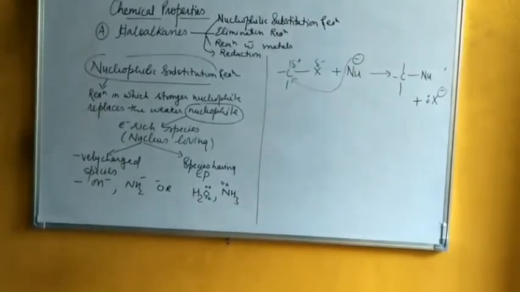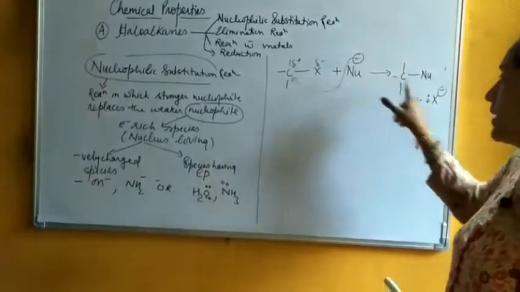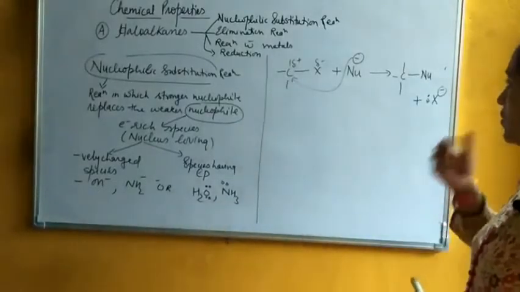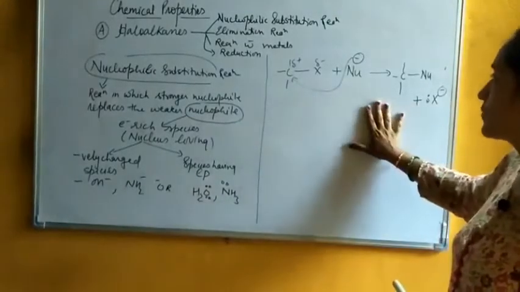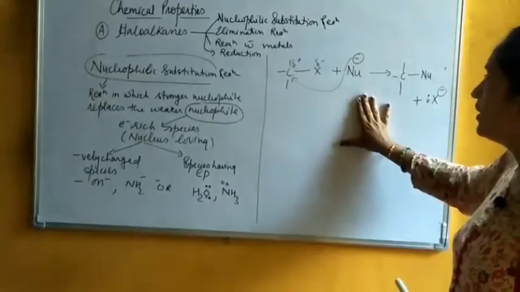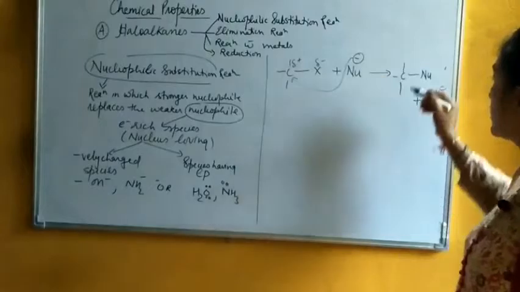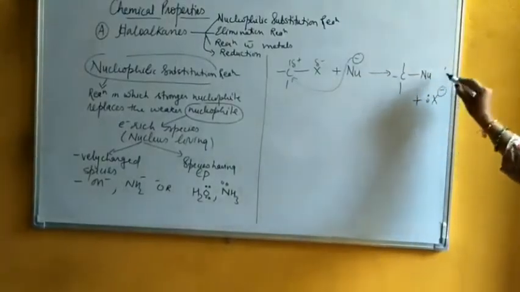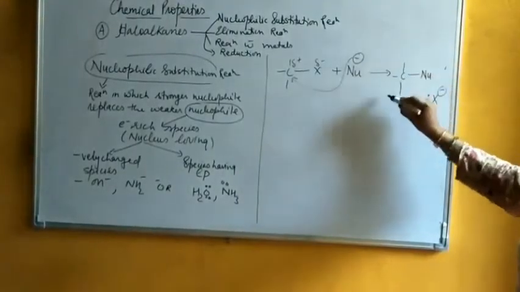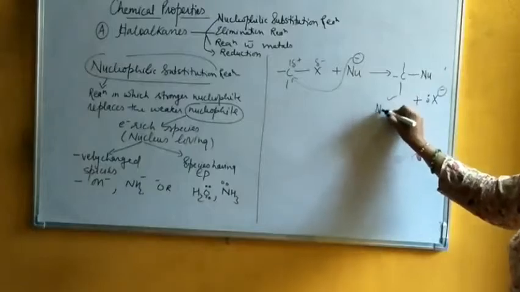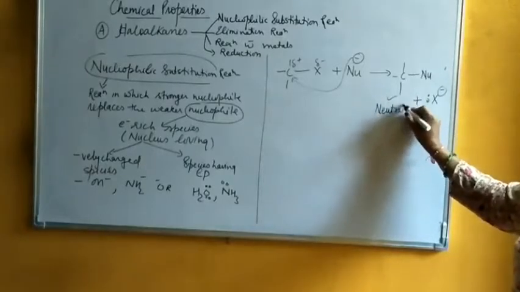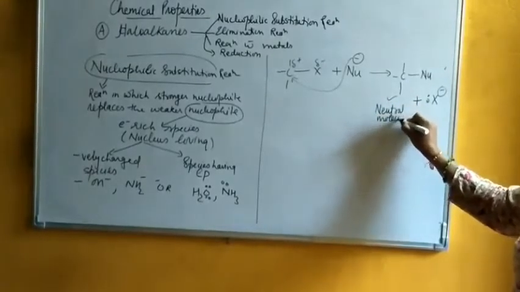So here, student, the nucleophile is just getting the halide ion replaced. So here there is a nucleophilic substitution reaction. If the nucleophile, student, is negatively charged, then the species formed, this one, is a neutral molecule.